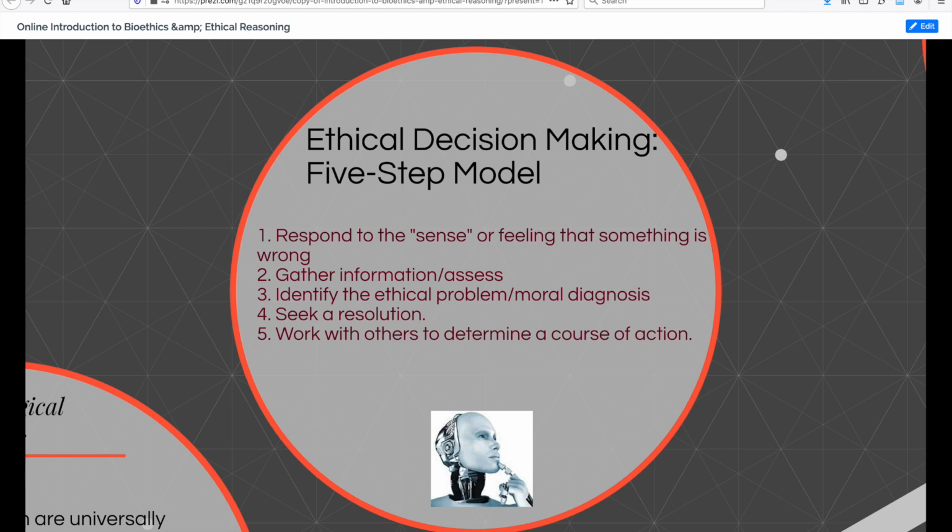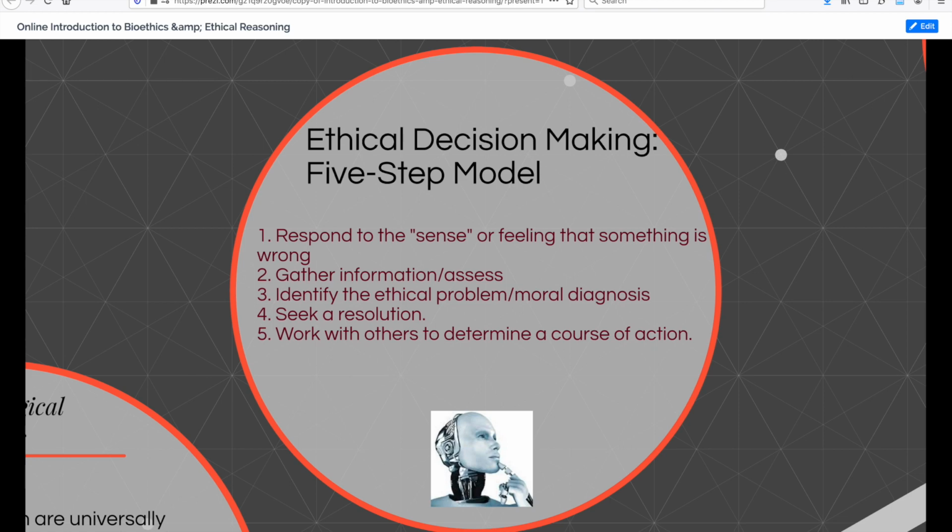If you feel like something is wrong, if you feel like there's a problem, or the patient isn't being treated properly, or you're not sure you're comfortable with said decision, this 5-step ethical decision making model prompts you to take a moment to deliberate and to analyze the situation.